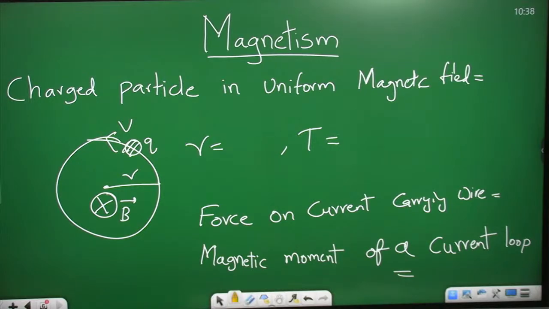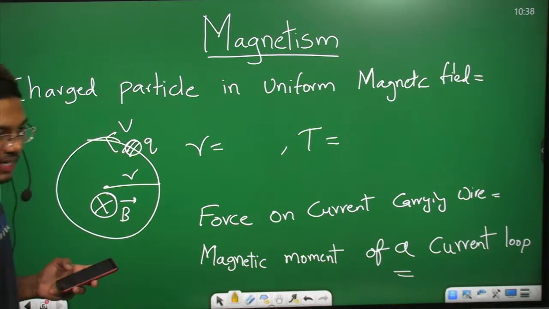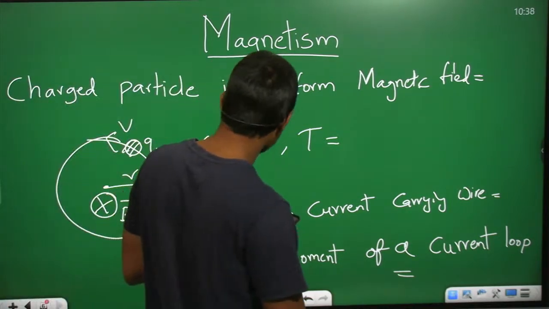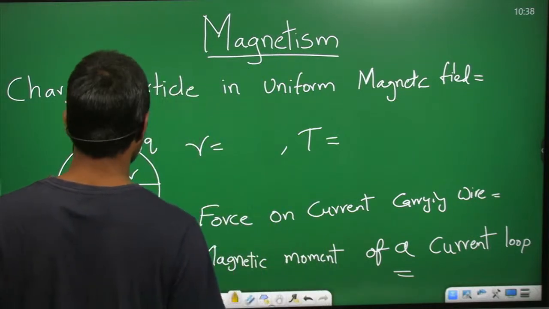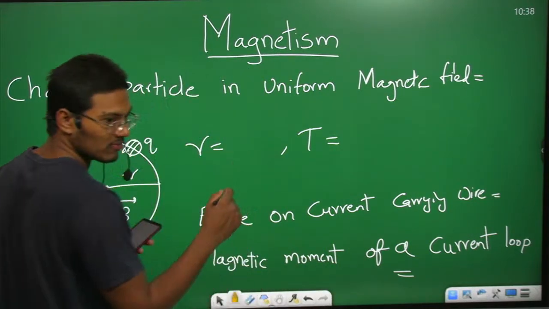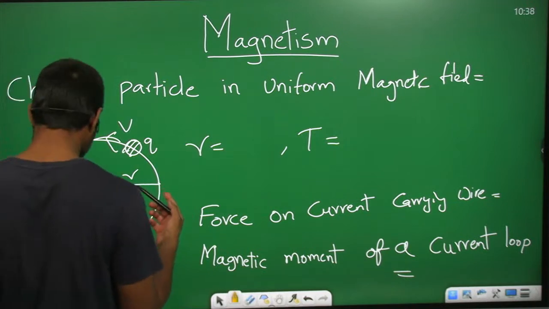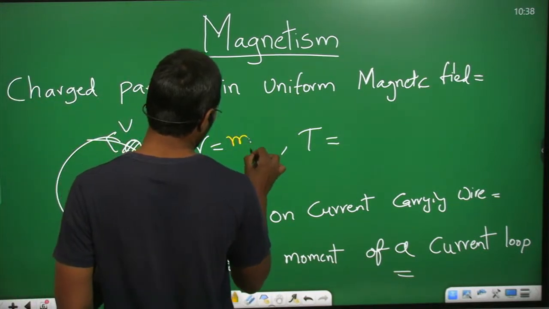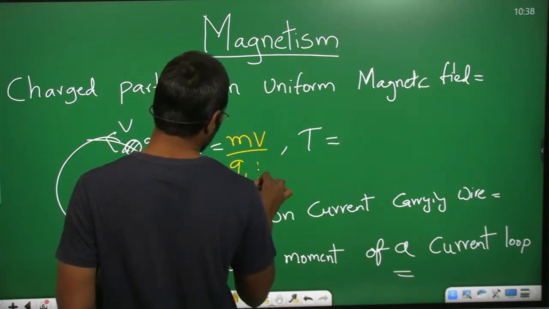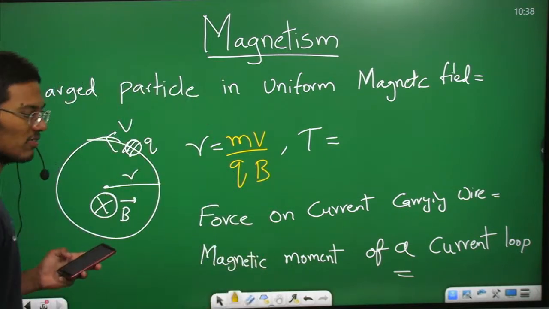So try to fill that blank. What is the radius of a charged particle? The radius is mv by qB. What does q stand for?